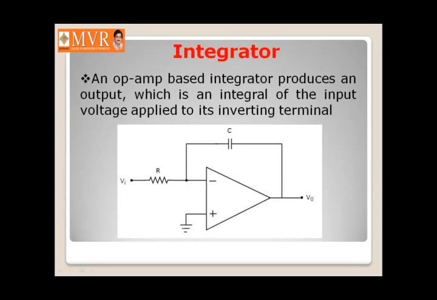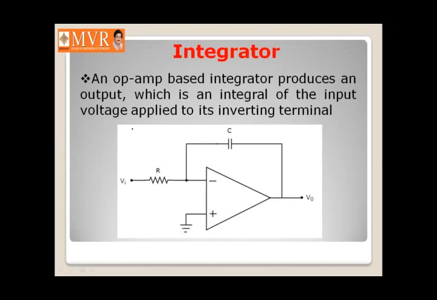So here, in case of differentiator, as we know, in linear wave shaping you have studied about this integrator also. When we take output across a capacitor and give input to a resistor, then the circuit is going to act as an integrator.